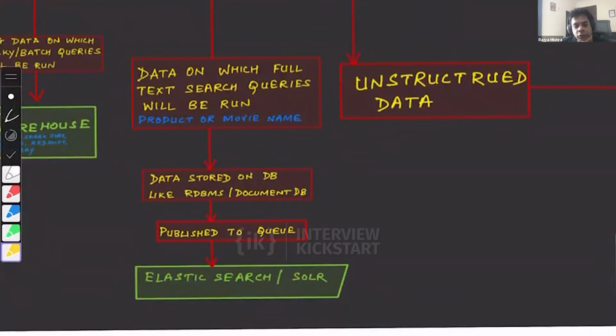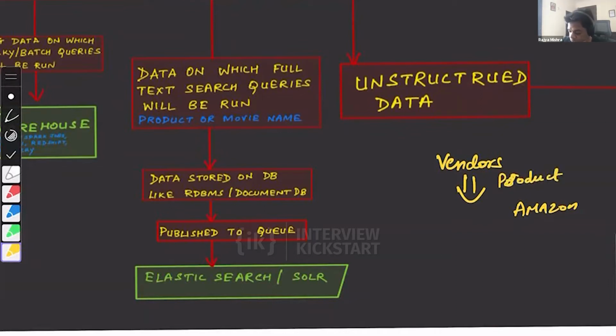And usually you don't make your Elasticsearch or Solr kind of databases a primary database, right? So what happens is that, let's say the vendors, sellers, right? So it's a mobile phone vendor. Let's say Samsung is there. So Samsung will push information to Amazon, okay, that these are my product listings, store them. Then Amazon will have some kind of primary database.